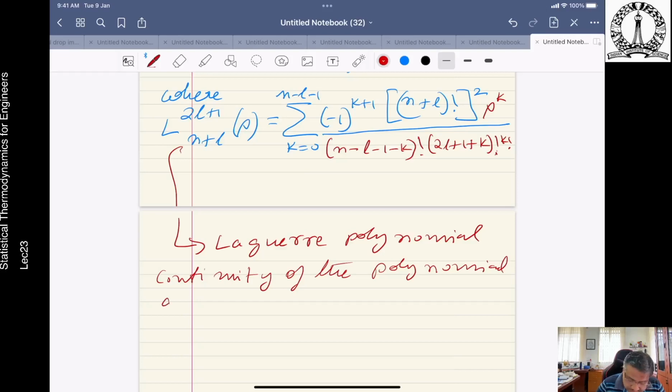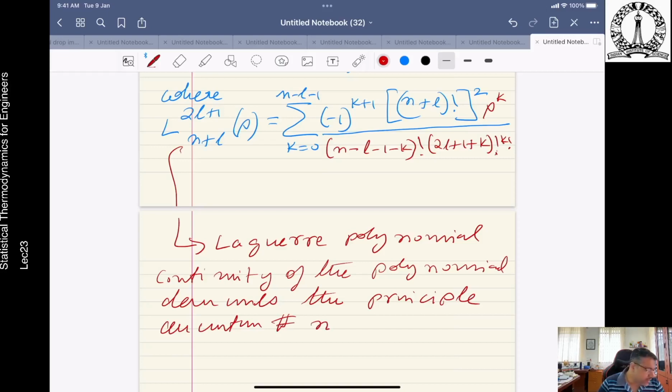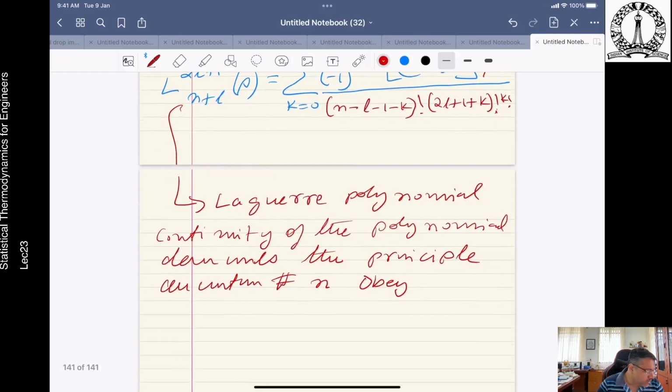The continuity of the polynomial demands that the principal quantum number n obey n equal to 1, 2, and so on, with L less than n, so that L is equal to 0, 1, 2.